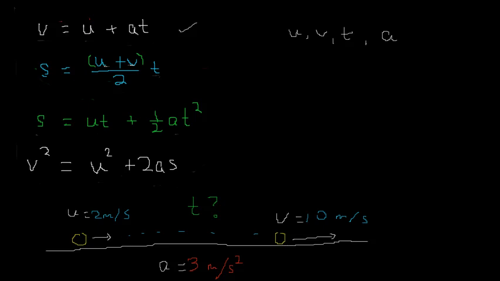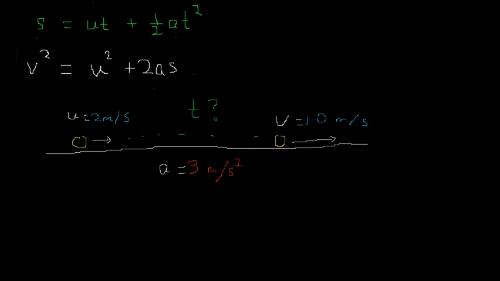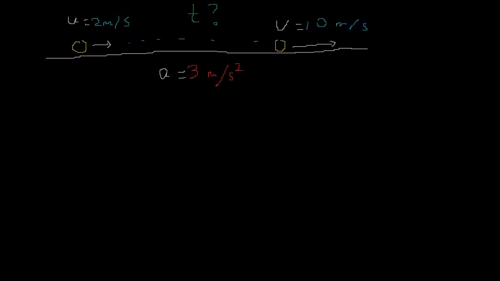What I now want to do is take this equation and make t the subject. So I want to rearrange it so that I have t on one side. Let me just reproduce the equation down here: v is equal to u plus at.